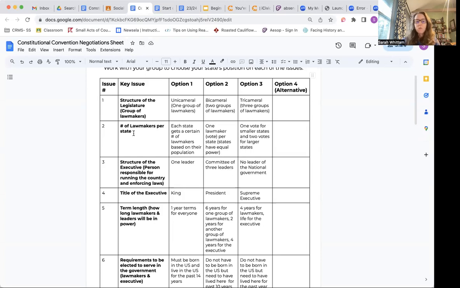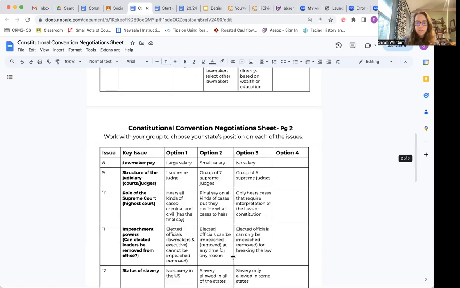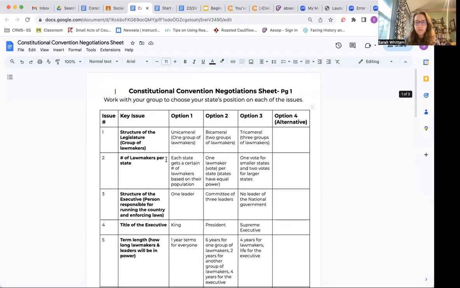Bigger states want to have a larger say in the government, and so maybe they want it to be based on population. Well, a lot of states have opinions about this. Some of these other issues like the courts or impeachment, none of your packets say anything about what your state thinks about that. So you guys as a group of reasonable people will have to decide what you think is the best solution.